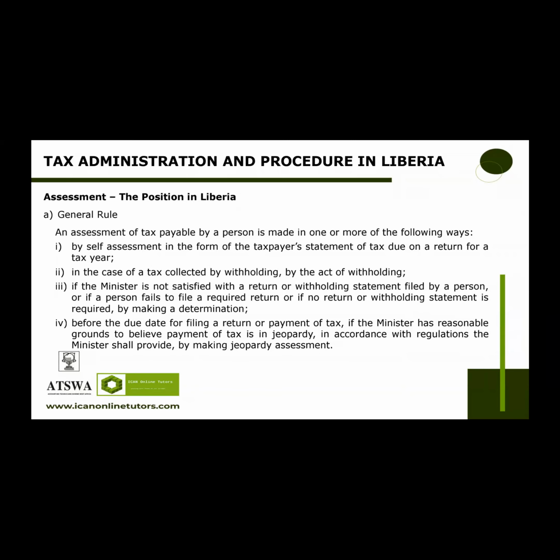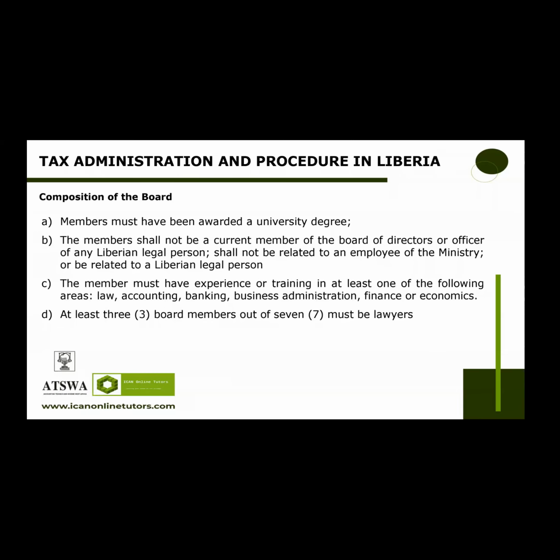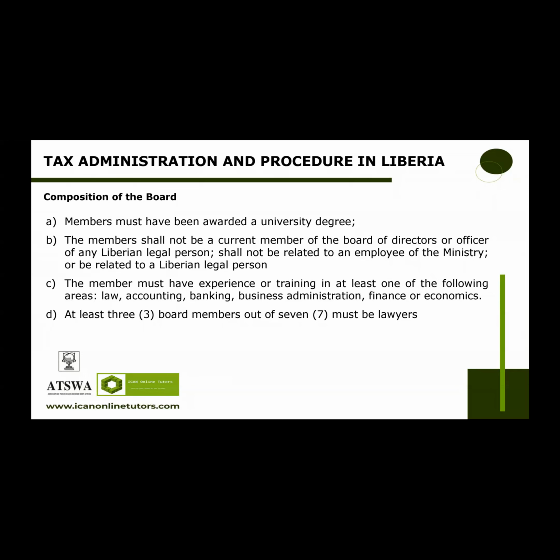So now, before we move further, let's look at the hearing of appeal and then decision. I'll just discuss that in brief. Still under the composition of the Board of Appeal, we are looking at some of their functions or duties.